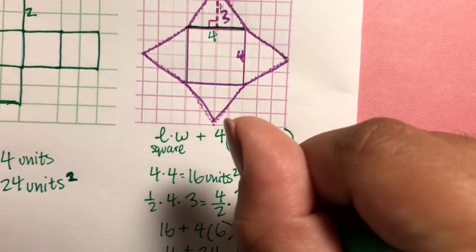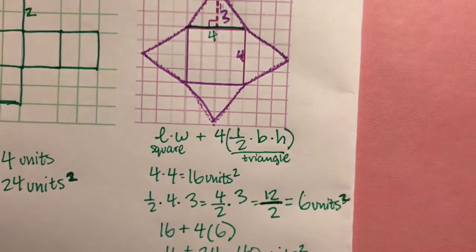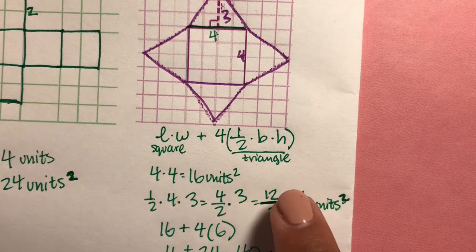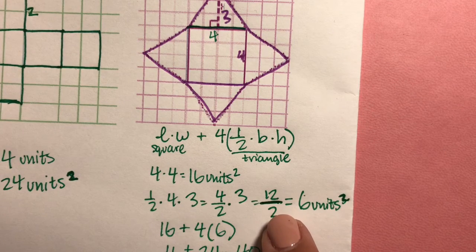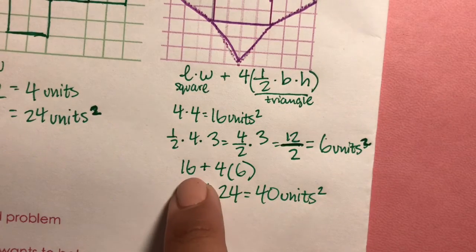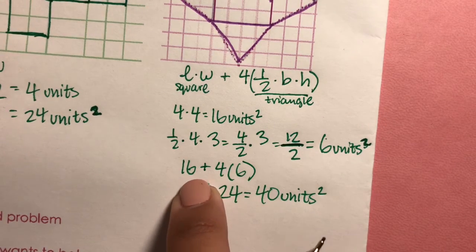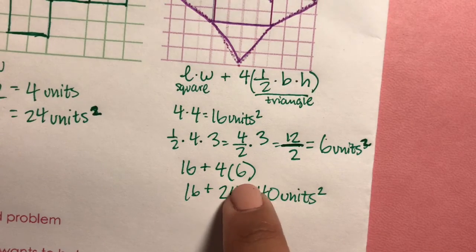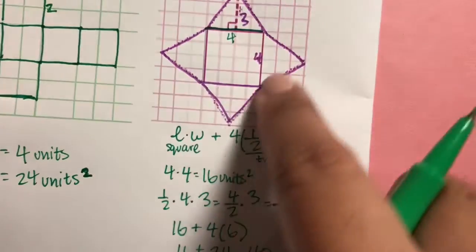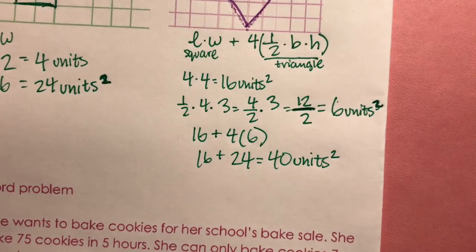And again, a reminder: fraction bars are the same thing as division. So I'm putting here 12 divided by 2. So it's 6 units. Then I have to add the surface area of the square plus the surface area of the triangle multiplied by 4, because again, there are 4 triangles, and that's how I get my surface area.